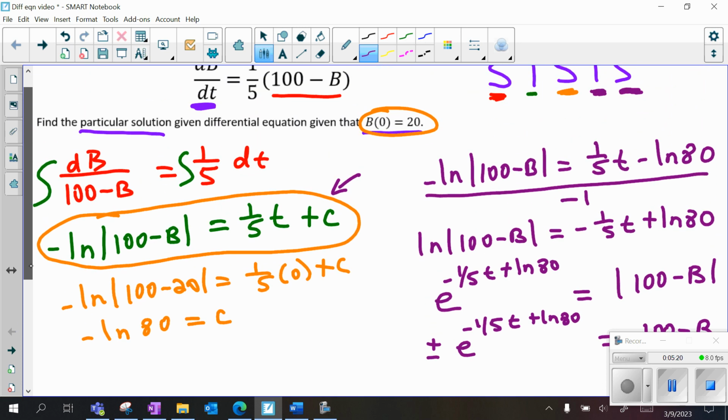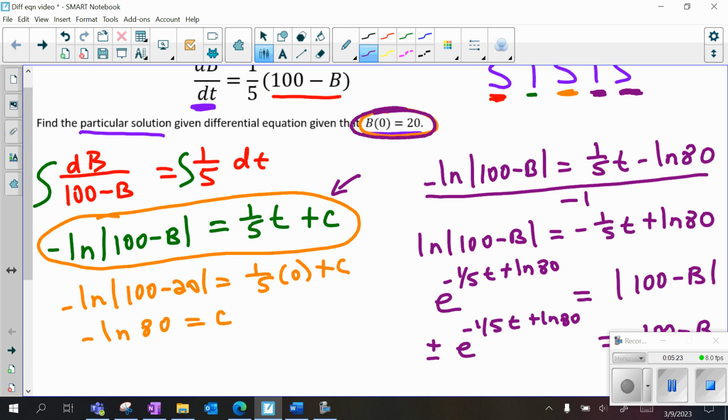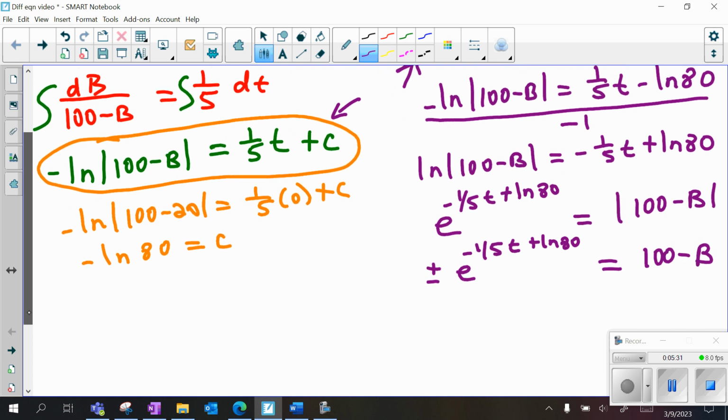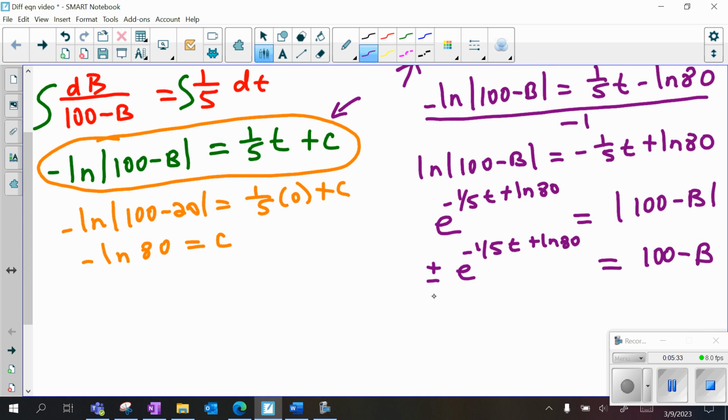And we can use the given point to us. We see that the output of Y, or B in this case, is a positive value. So therefore, what was inside this absolute value is a positive E to the negative 1/5 T plus ln of 80 equals 100 minus B.